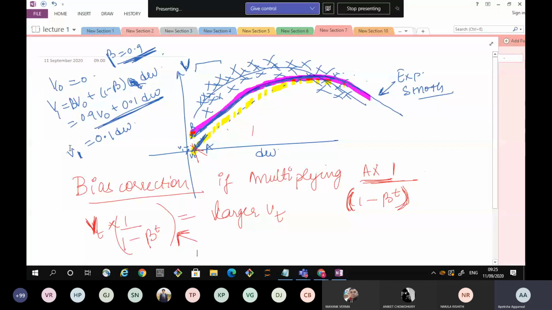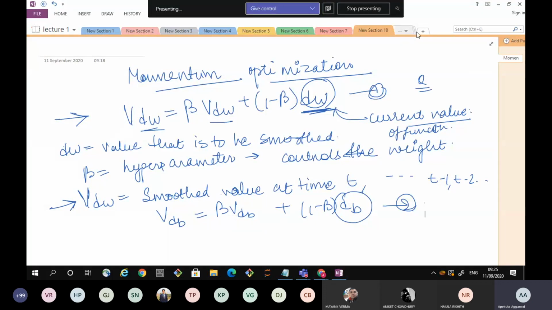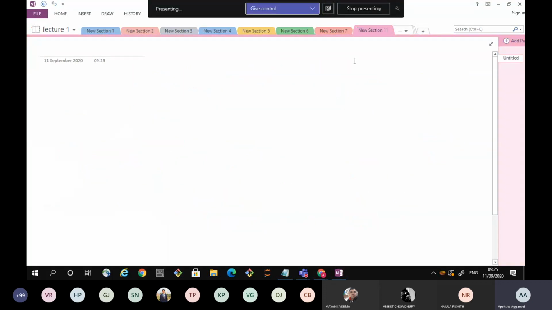Then again we multiply V2 with this larger number, and so on up to this point, where we say that at this point we don't need bias correction. Up to that point we do bias correction. So this is called bias correction, and it is also part of momentum optimization.